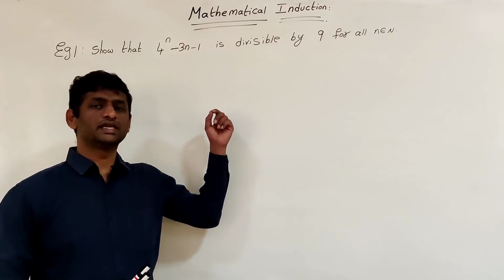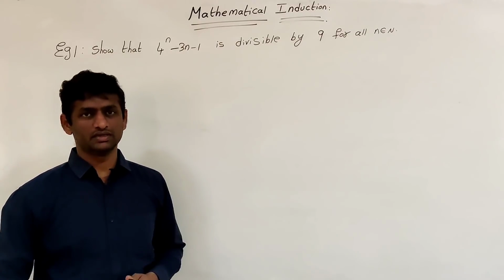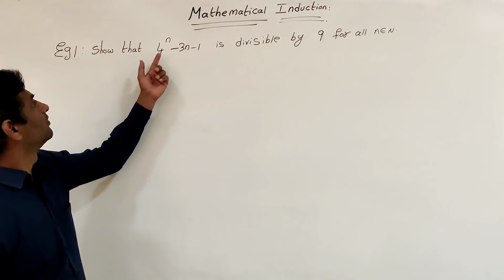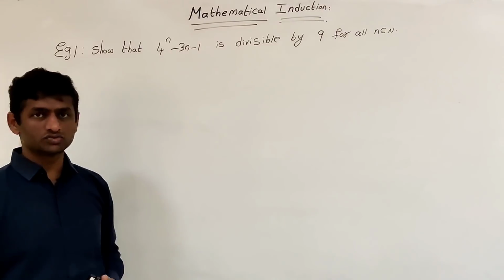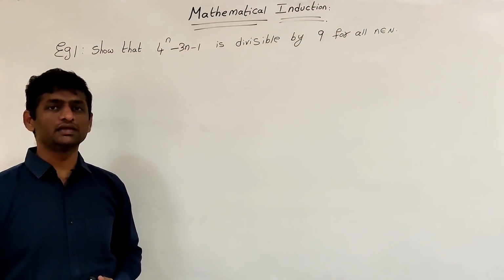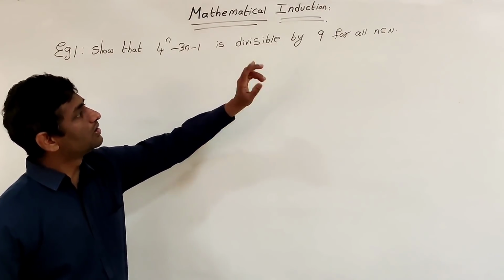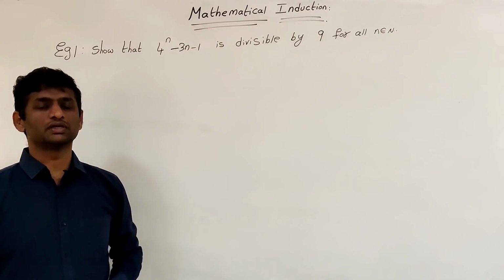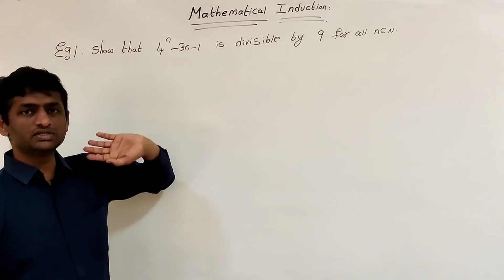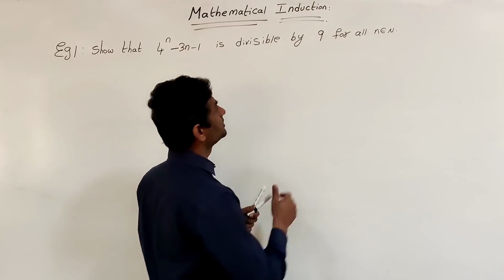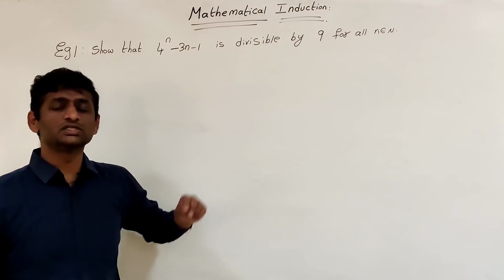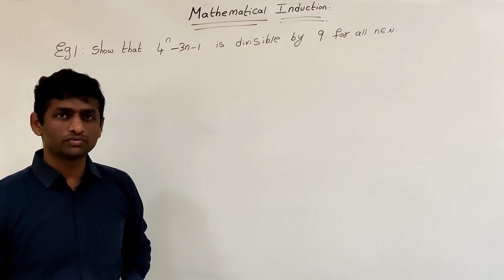So now we will see one example on divisibility. Show that 4 to the power of n minus 3n minus 1 is divisible by 9, where n belongs to the natural numbers. Divisible by 9 means it is exactly divisible, so the remainder should be 0.